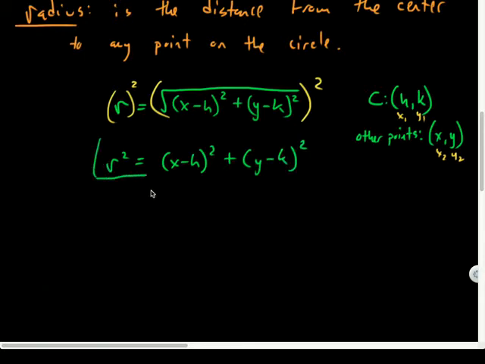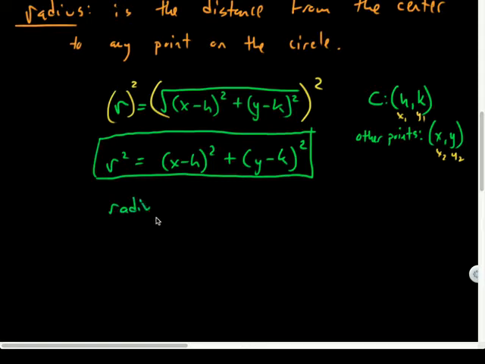And this is the equation of a circle with radius r, right? Radius r, and center h comma k. So interesting results for sure. Interesting outcome.